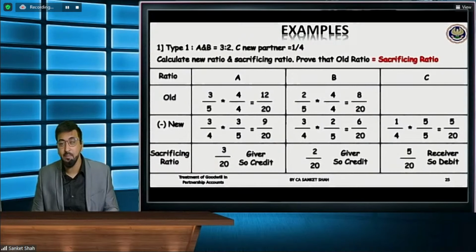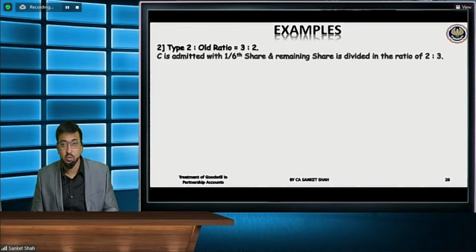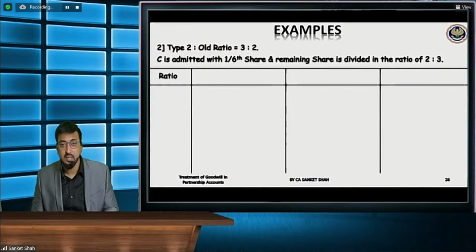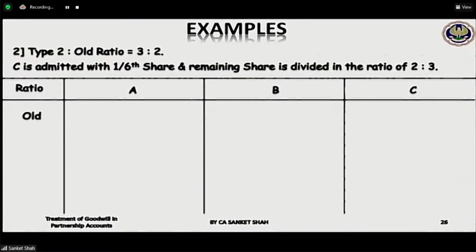Let's take type number 2, second example. Old ratio 3:2 and C is admitted with 1/6 share, and the remaining share is divided in 2:3. So tell me the answer. In the last type, it was not given how to divide the remaining share, but here it is given.